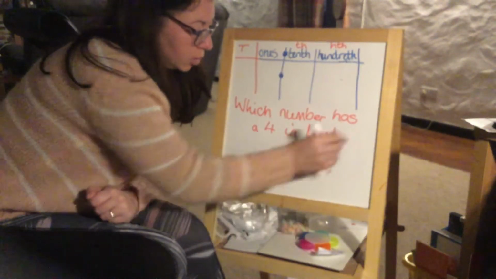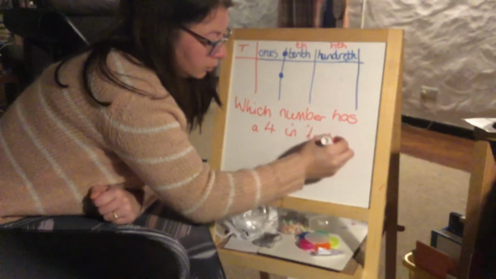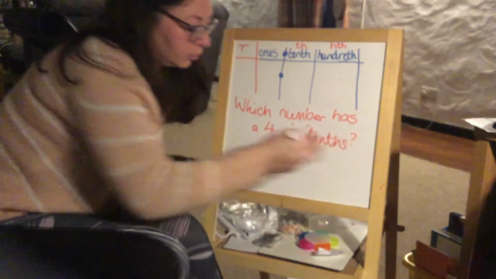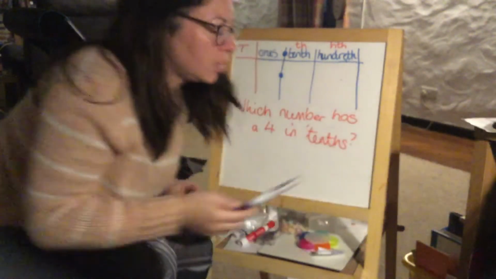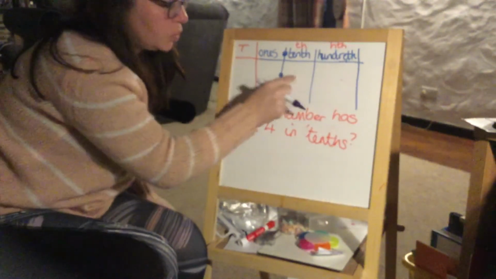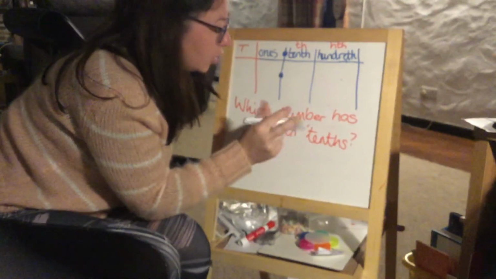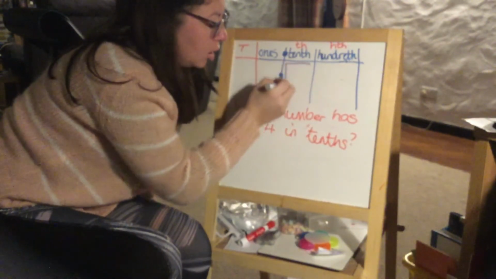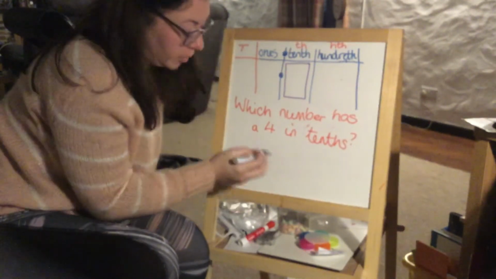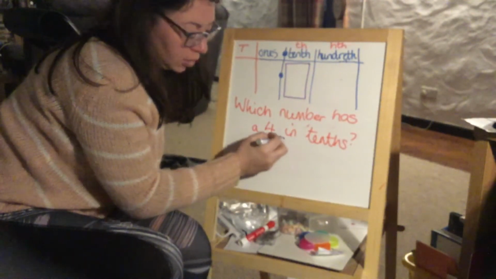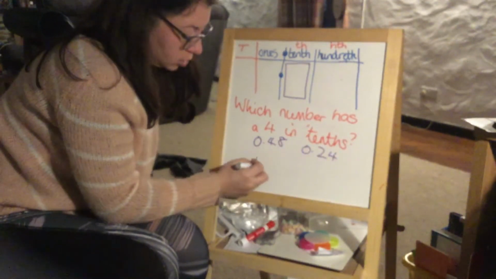Oh, I can't write today. Okay, so you'll be given 4, 5, maybe 6 numbers and asked to identify which one has a 4 in the tenths column. So again, have a place value table ready, highlight the one that you want, so you want one that's going to have a 4 in that column, and then you'll have a range of numbers.